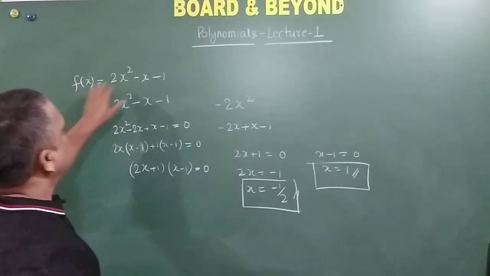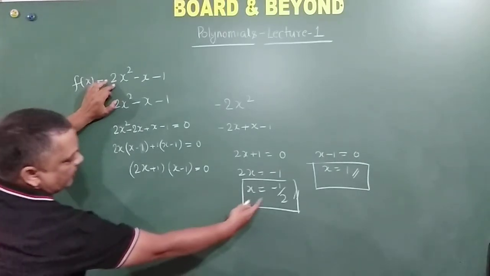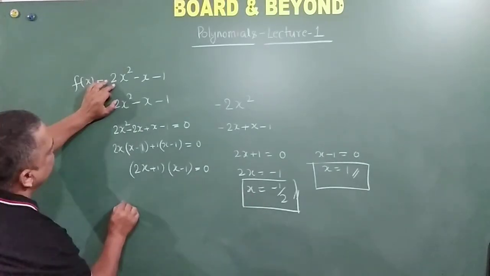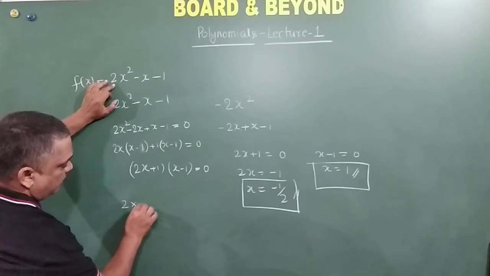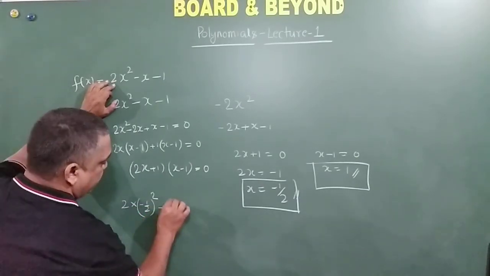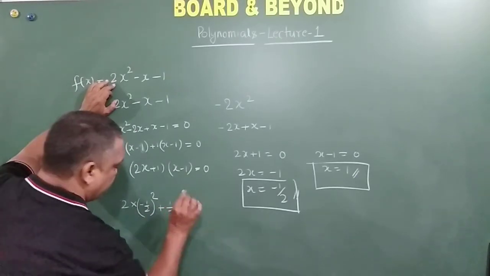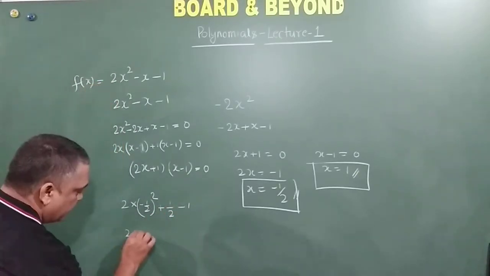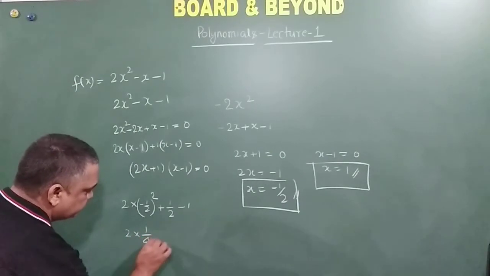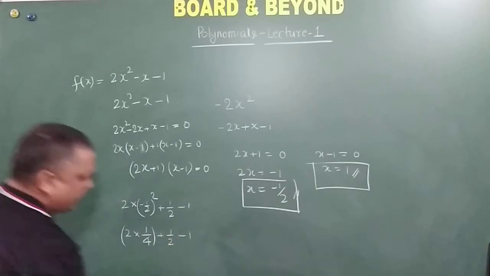Let's try it and do it. So replacing x with minus half, 2 into minus 1 by 2 whole square, minus of minus 1 by 2, that is 1 by 2, minus 1. So 2 into 1 by 4 plus half minus 1.